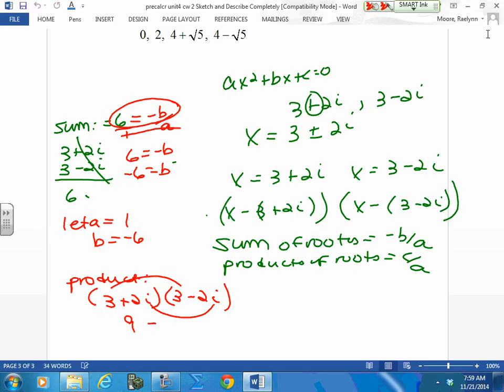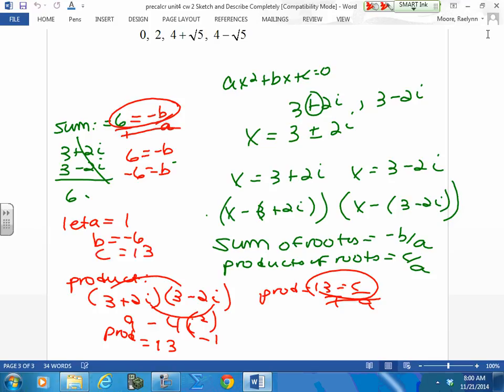And what's 2i times 2i? 4i squared. And what is i squared? -1. So a negative of a negative is positive. Therefore, the product is 13. Product is equal to c over a. Well, we let a equal 1, so therefore what does c equal?